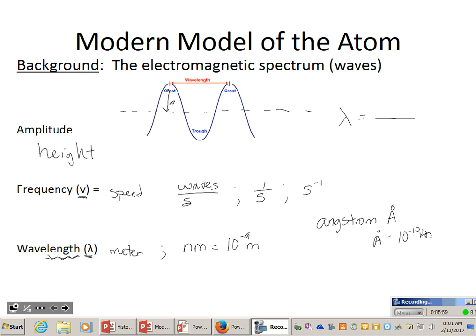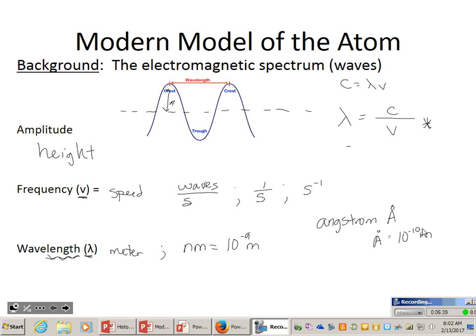So as one increases, the other decreases, right? That's an inverse relationship. So what we're showing here is that wavelength and frequency are inversely proportional, and they're inversely proportional according to the speed of light. So here's a mathematical expression that you'll be using this unit. Another way to write that is that the speed of light is equal to wavelength times frequency. But I like this second way because you can see the inverse relationship between wavelength and frequency.